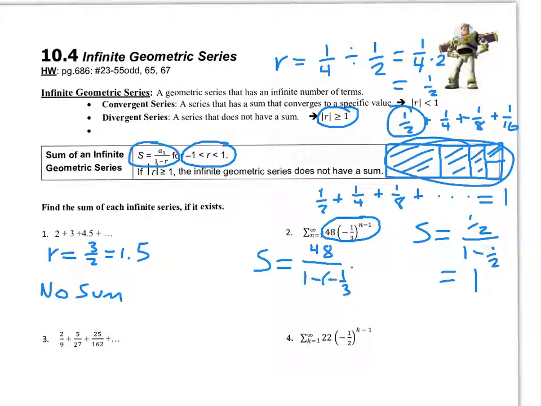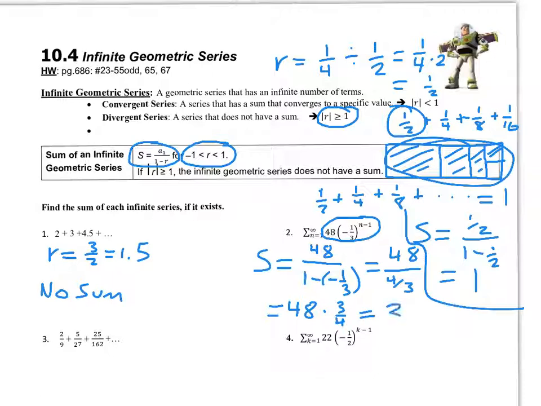So it's 48 divided by 4 over 3, which is the same as 48 times 3 over 4, which is 36.